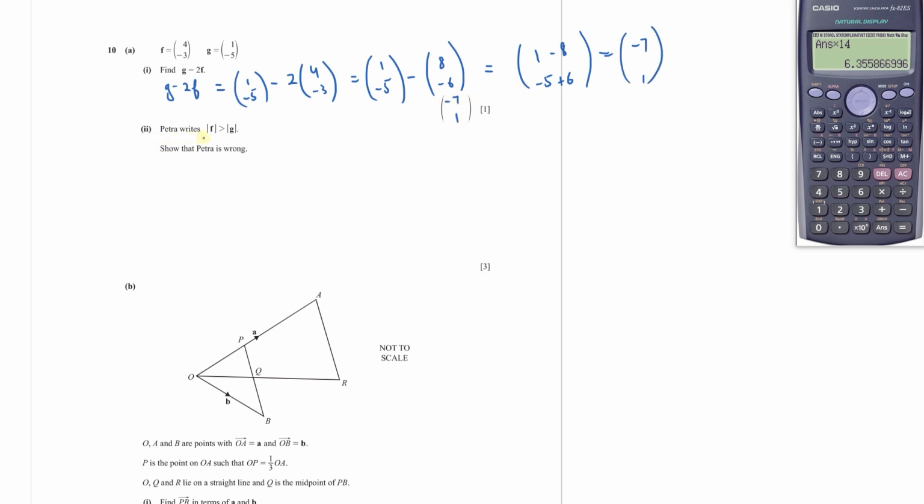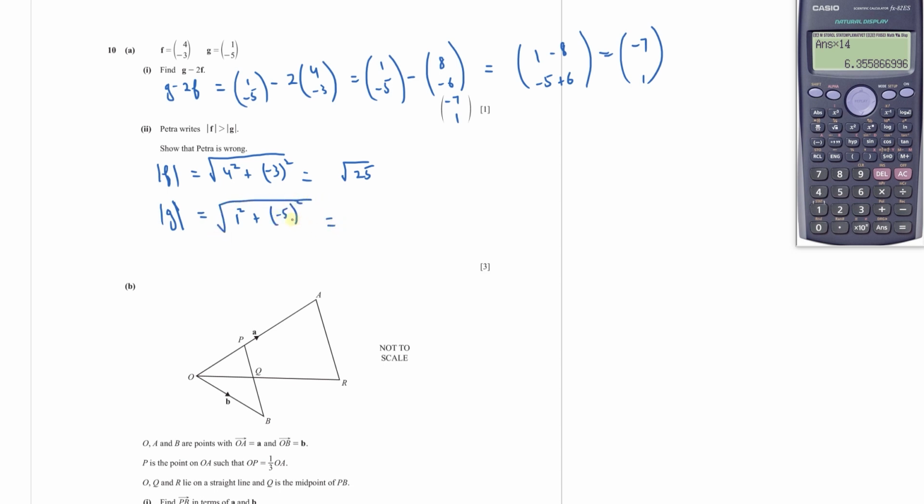Part 2 is Petra writes that magnitude of f is greater than magnitude of g. Show that Petra is wrong. So we can calculate the magnitudes and then compare the values. So magnitude of f will be square root of 4 squared plus (-3) squared. So this is 16 plus 9. So this is square root of 25. And then magnitude of g is 1 squared plus (-5) squared and then whole square root.